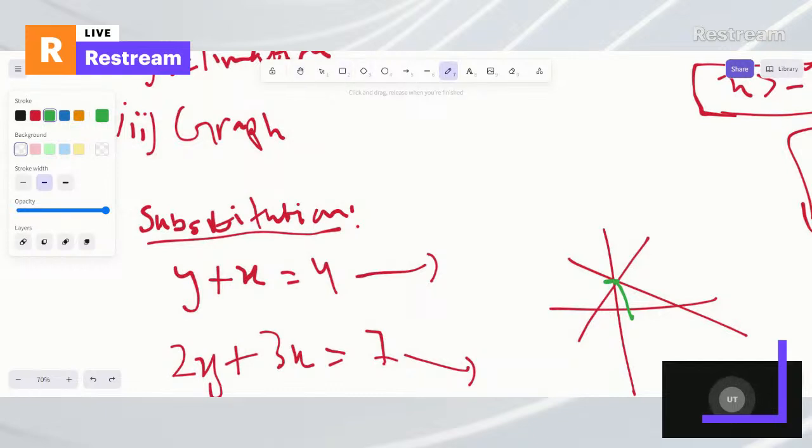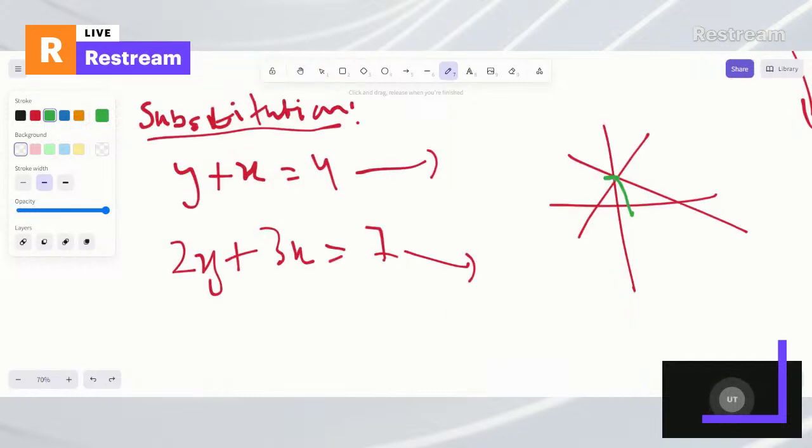So now what we're going to do is mark the first as equation 1 and the second as equation 2. How many variables are there? There are two variables. One thing to notice is that the number of variables tells us how many equations we require to solve it.